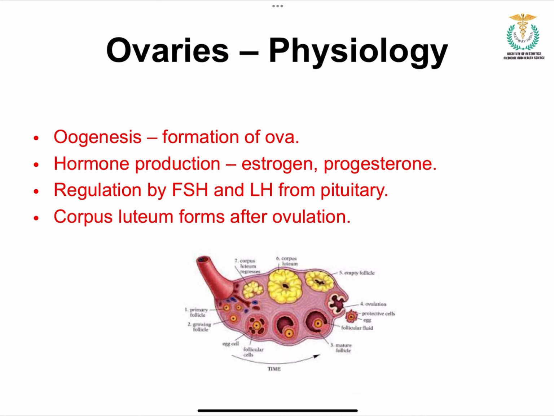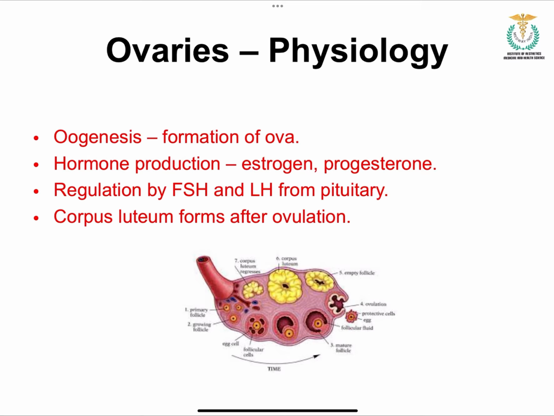Moving on to the physiology of the ovaries. Ovarian function is tightly linked with the menstrual cycle. Oogenesis, the formation of ova, happens in the ovaries. And there is hormone production.